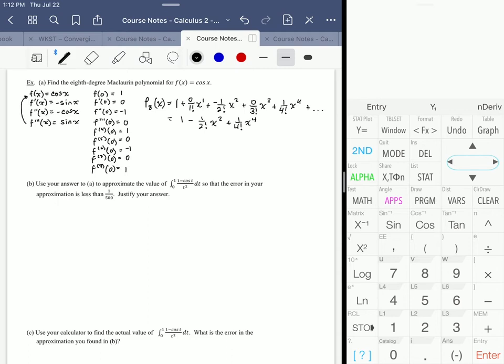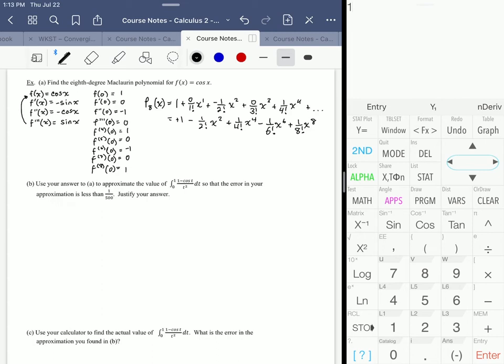The 1 has an x to the 0th, an even power. X squared, even power, x to the 4th, even power. The next one would be x to the 6th, and since we started positive, went negative, then back to positive, the next one would be negative 1 over 6 factorial x to the 6th, back to positive 1 over 8 factorial x to the 8th. So without having to show all the odd values, we made our lives a lot easier.